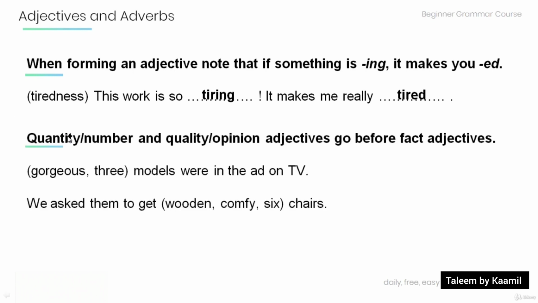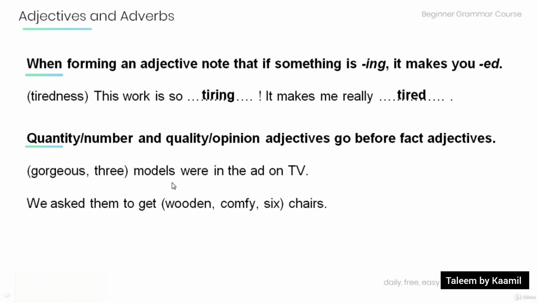Remember that quantity or number and quality or opinion adjectives go before fact adjectives. Read the following sentences and arrange the adjectives in their appropriate places.